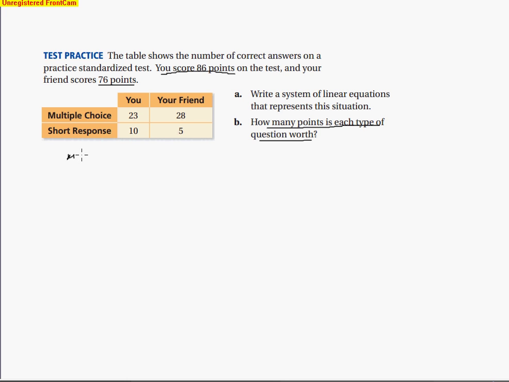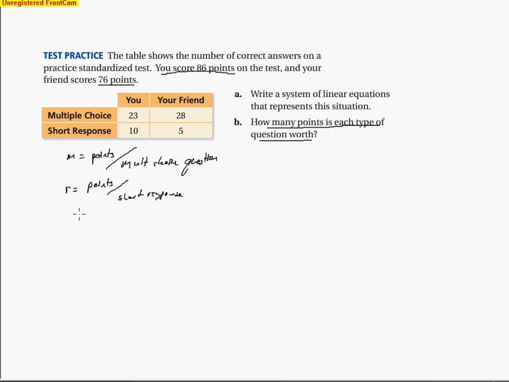So let's call m equals the number of points per multiple choice question. And let's say that maybe r equals the points per short response. And so what we want to do from this point is write the equation. Now when we do that, we see how multiple choice, the points is m, and you scored 23.